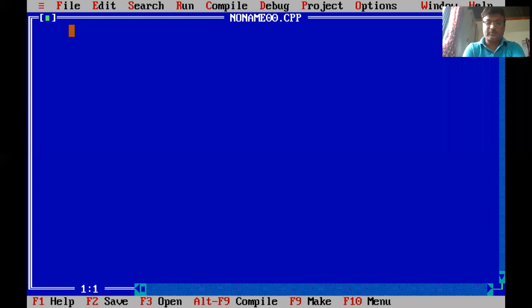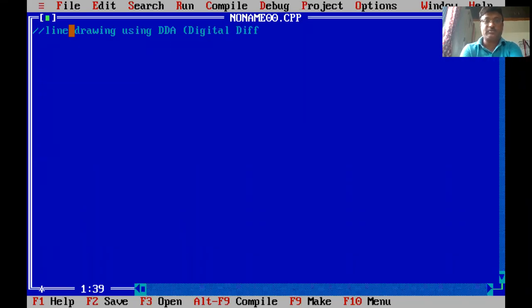So what is line drawing using DDA, that is the digital differential analyzer algorithm.